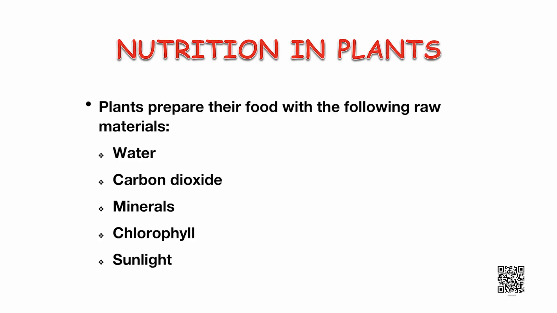Plants prepare their own food with the help of certain raw materials such as water, carbon dioxide, chlorophyll, minerals and sunlight. Water and minerals are present in soil which are absorbed by roots.